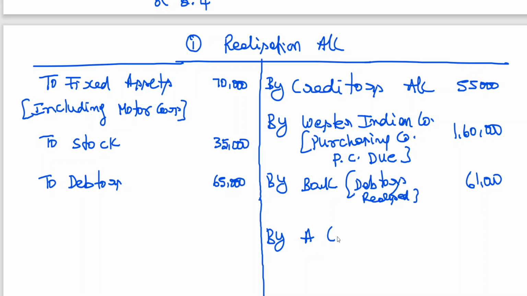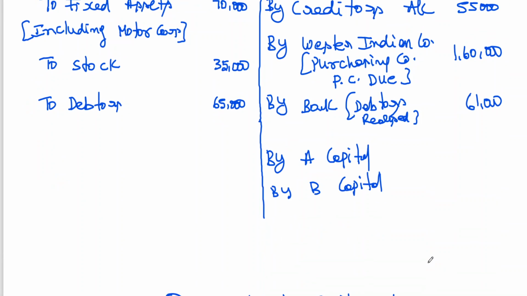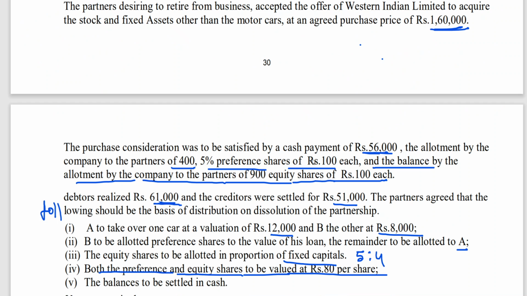By A's capital, by B's capital. Motor cars taken over. The only additional entry we have is purchasing company to realization. Remaining things are the same. Motor car taken over, just like previous problems. Motor car A is taken at 12,000, B at 8,000.